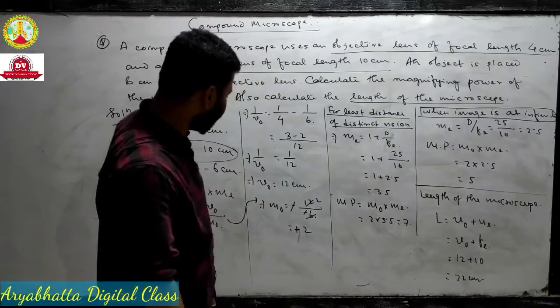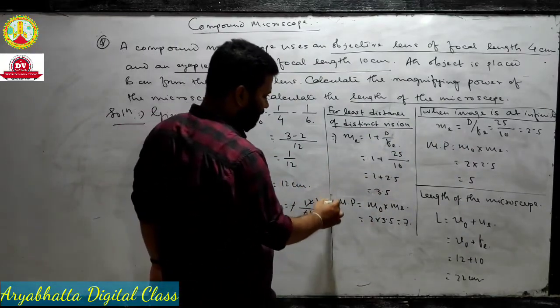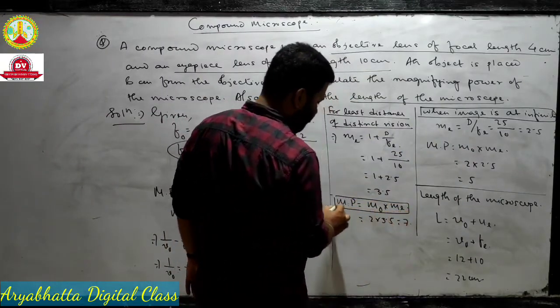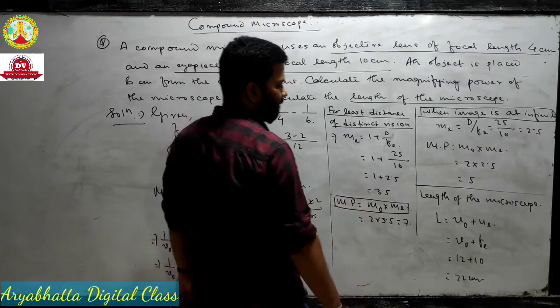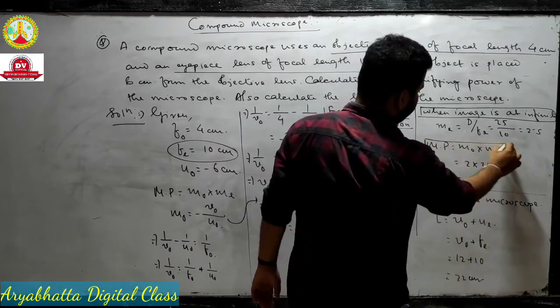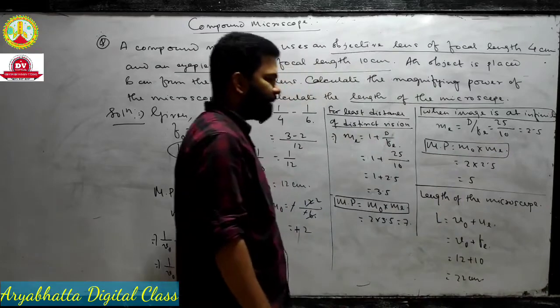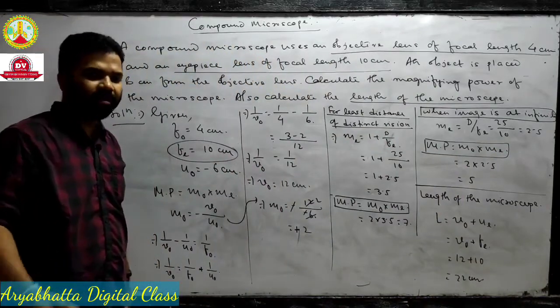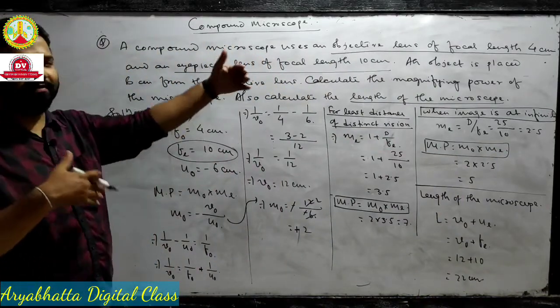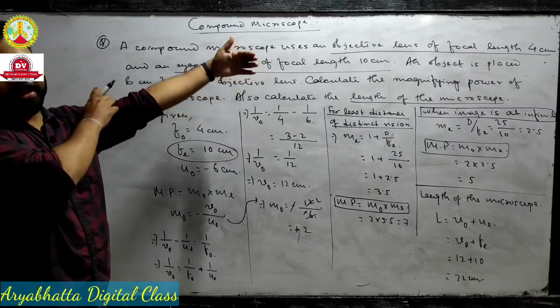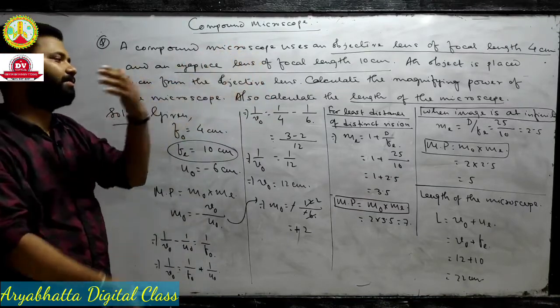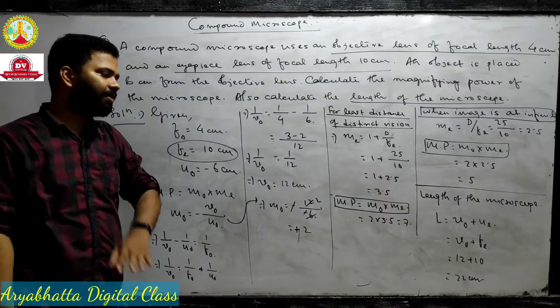Then you put in the main formula, the magnifying power of the microscope, MO into ME. Here you have got 7 and for minimum you have got 5. It means the magnifying power of the microscope will vary in the range of 5 and 7.